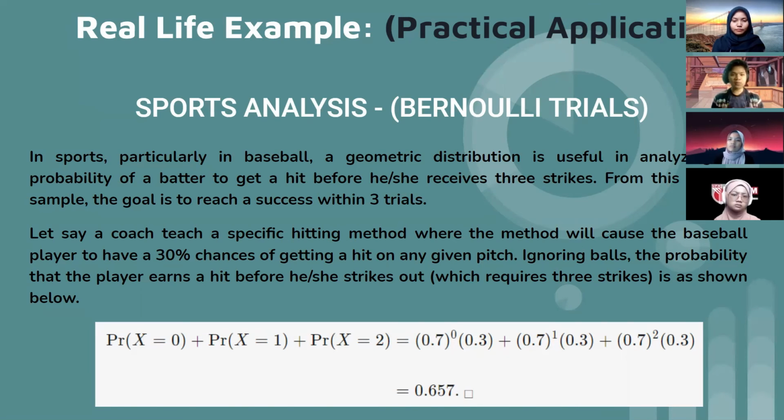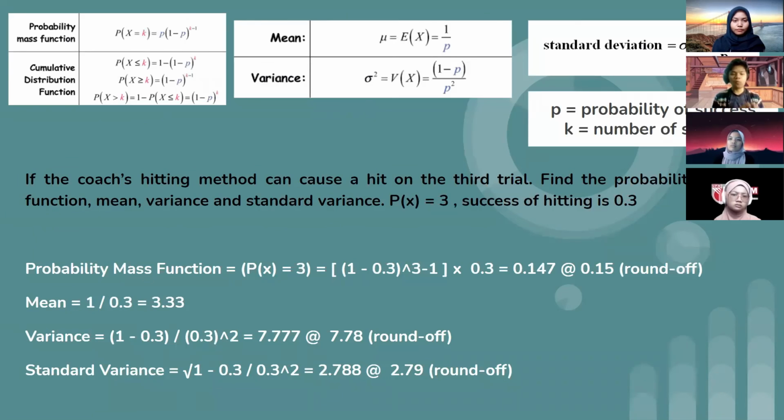But this is the general formula calculation. Now, in the next slide, we'll show you more in depth, where the coach's hitting method causes a hit on the third trial, and find the probability mass function, mean, variance, and standard deviation, where x is equal to 3 and the probability of success of hitting is 0.3. This time I will use the formula that was explained by Haifa.